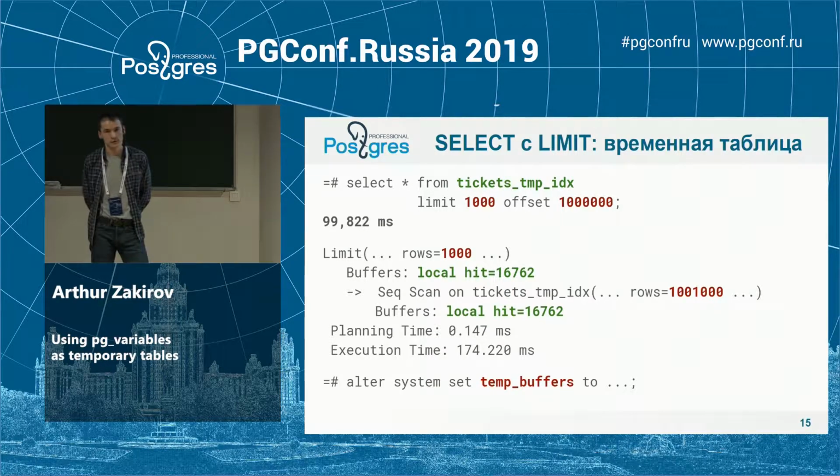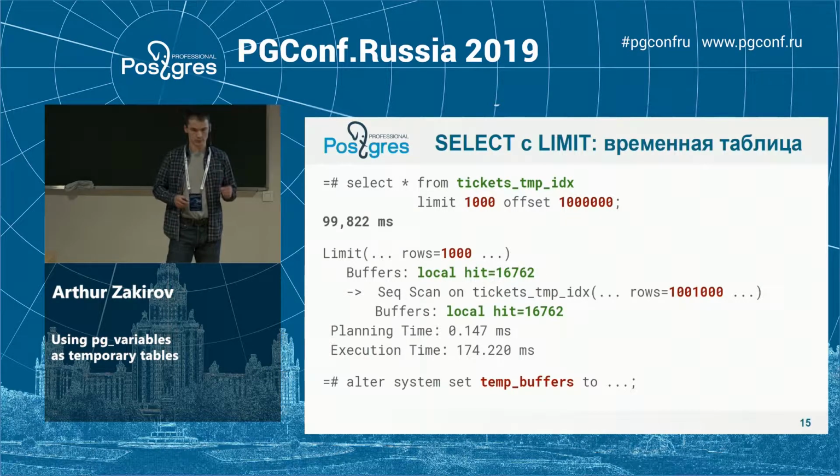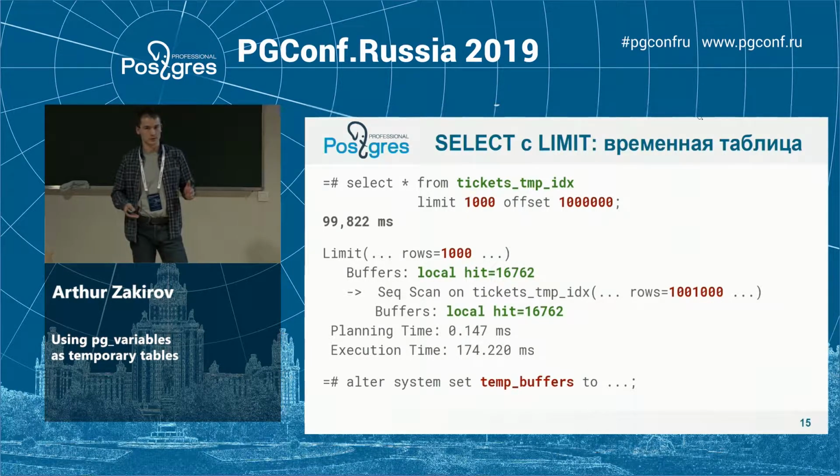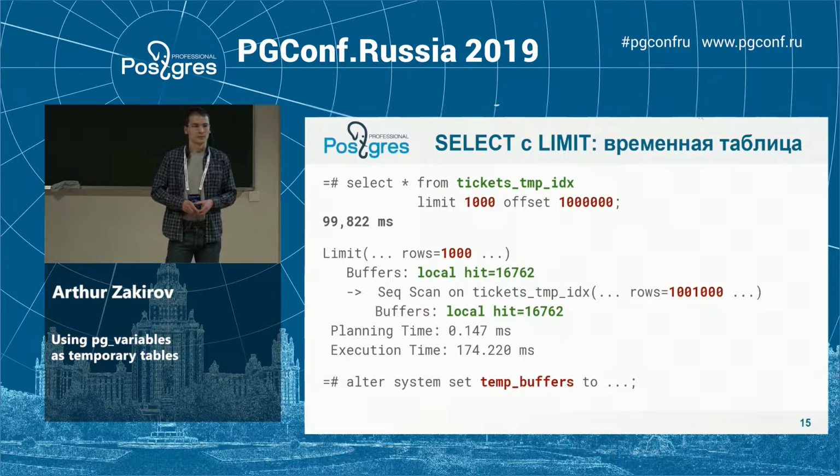This is more rapid than PG variables, because PG variables are not so rapid in a consecutive scanning of the hash table. That means that the search for one entry is rapid, but not so rapid when you want to get all the entries, all the similar entries, and you need to put in temp buffers.